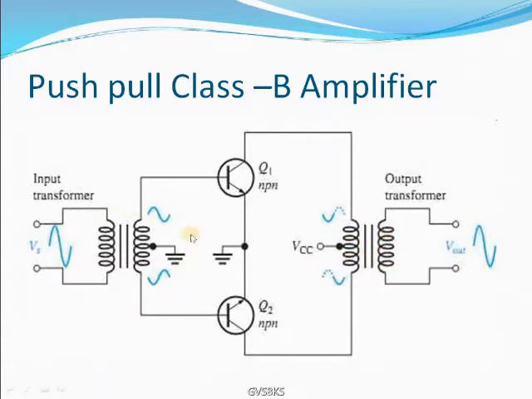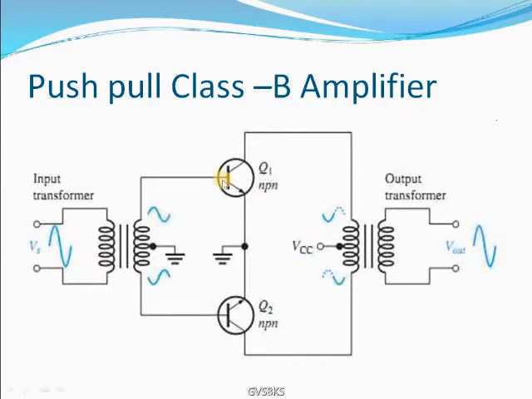Here we are using an input center tap transformer because of which at any time only one transistor will be in the on state, either Q1 or Q2. If Q1 is in the on position, then Q2 is automatically in the off position, because this center tap transformer will give equal and opposite magnitudes.